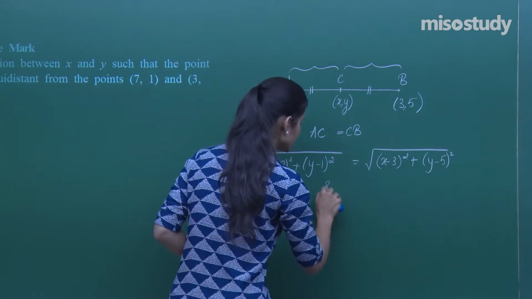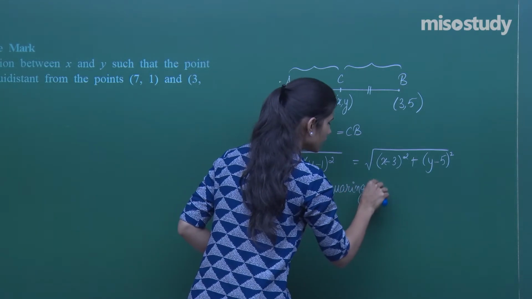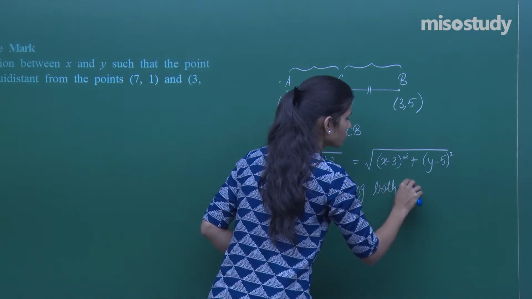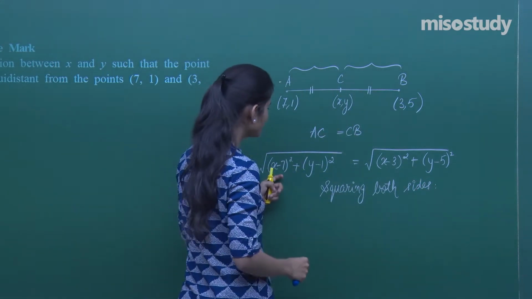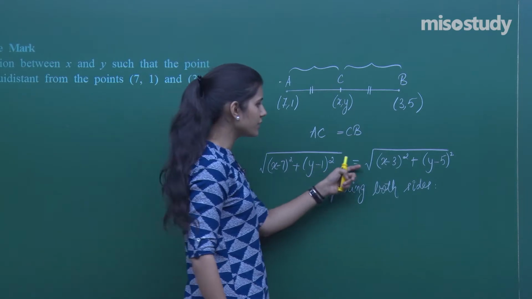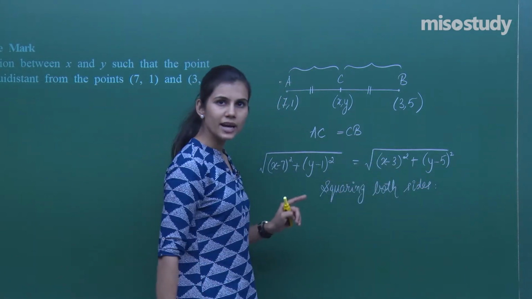Squaring both sides so that you get rid of the square root. On squaring both sides, what do you get? (x minus 7) whole square plus (y minus 1) whole square equals (x minus 3) whole square plus (y minus 5) whole square. The square root signs vanish.